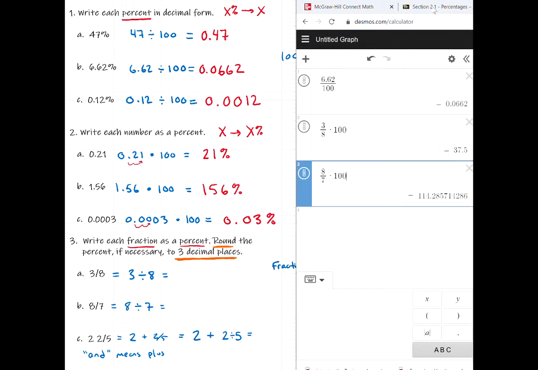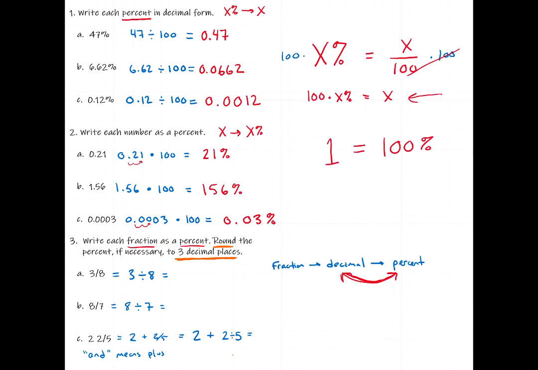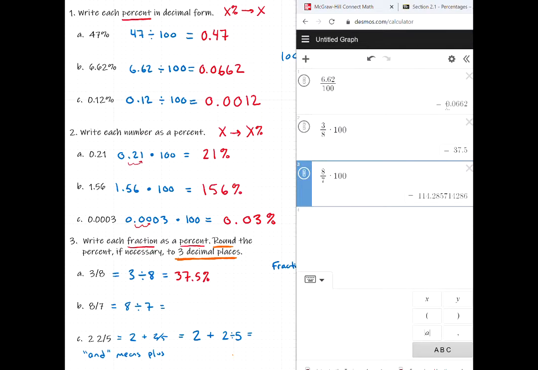Okay, so the 3 divided by 8, that was 37.5%. And now for the 8 divided by 7, or the 8 over 7, we have 114.285714286. So when we say round to 3 places, that means we're keeping 3 places after the decimal point. Which means we have to look at the 4th place, the next place after the last one we're keeping.